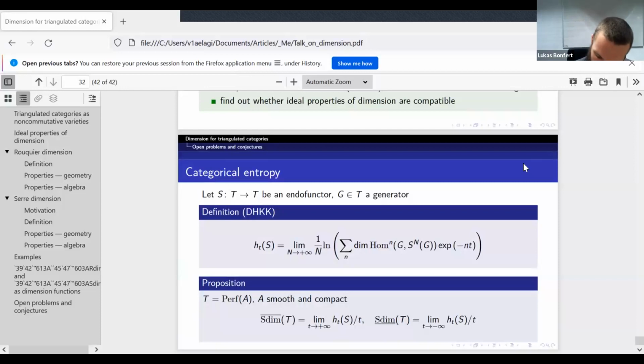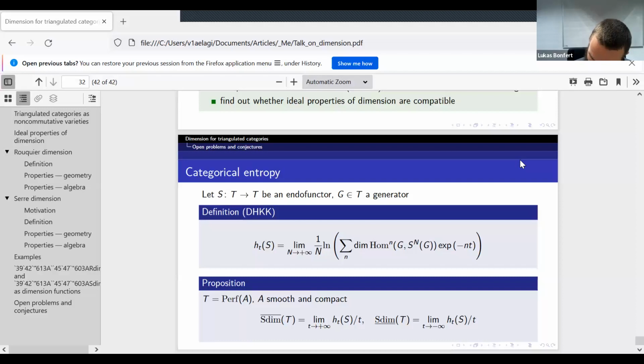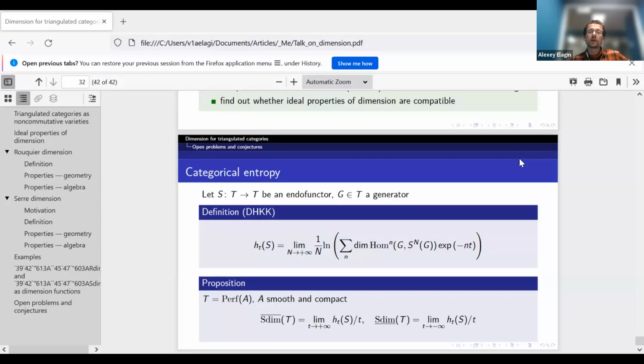For stability conditions you have phases of objects, right? And you can view how applying some functor, like Serre functor or some other functor, acts on phases of objects and extract some invariants from compatibility between the functor and stability conditions.